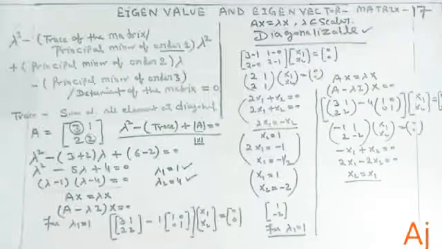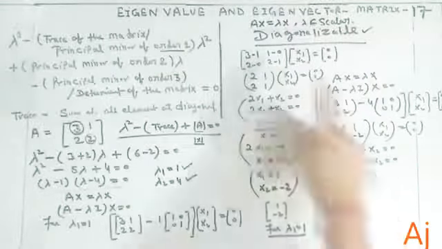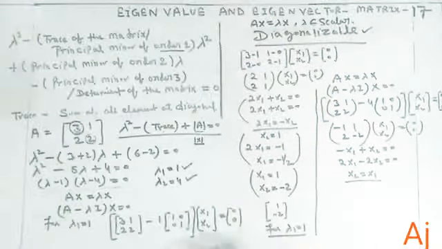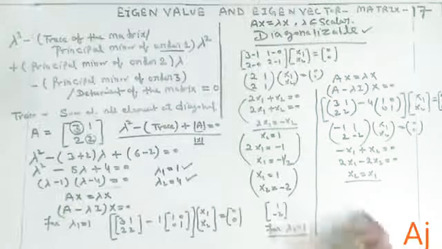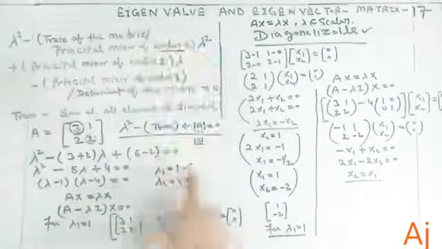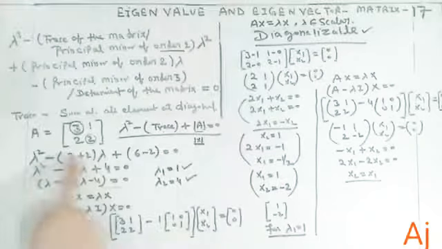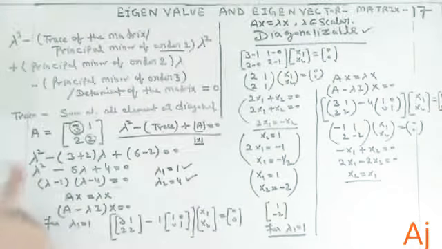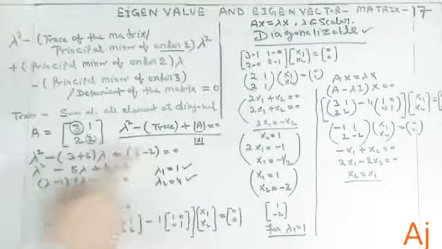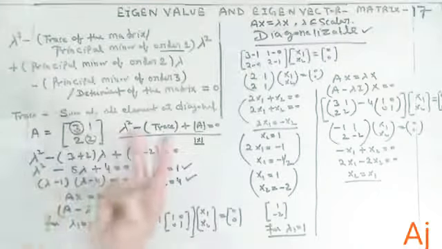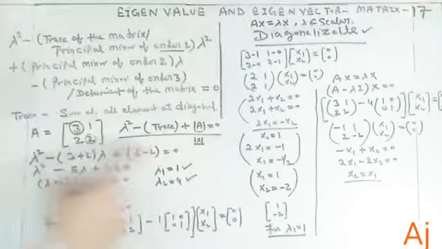So here also it's totally dependent on you. I told you that eigenvectors can be infinite with respect to lambda 1, but the eigenvalue is unique, because the solution of any polynomial will be unique. There are only two solutions for such a polynomial.